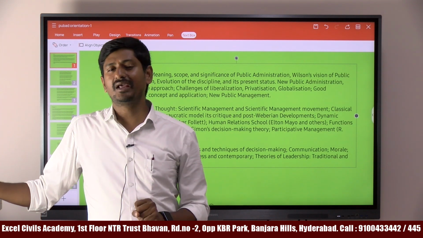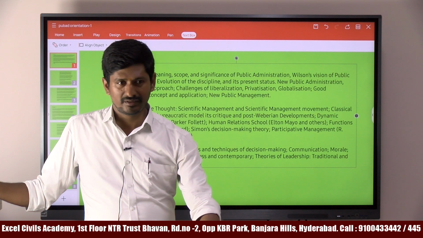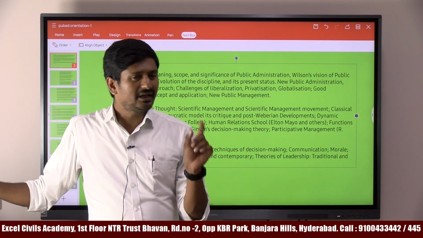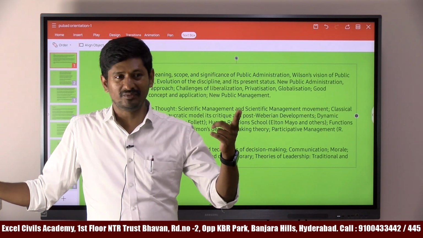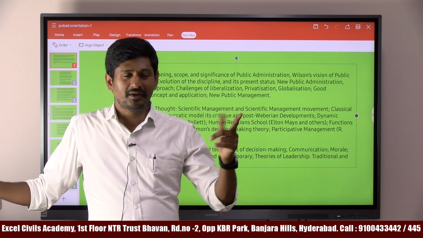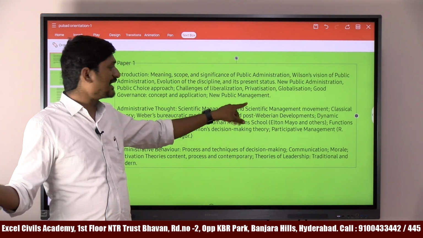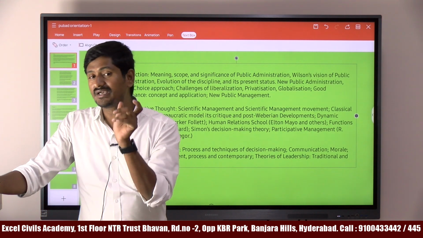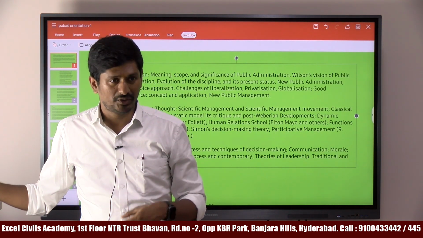For example, you take Panchayat secretary. Do you know Panchayat secretary? He is secretary to the local body, Panchayat. Okay, he has two bosses. One is Sarpanch and another one is MPDO. Yes or no? Public administration says there must be the administrative thought, especially the classical theory says about the structure of the organization, in which you must strictly observe the unity of command.